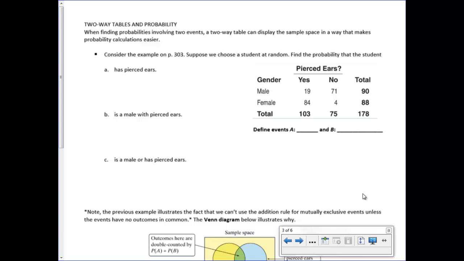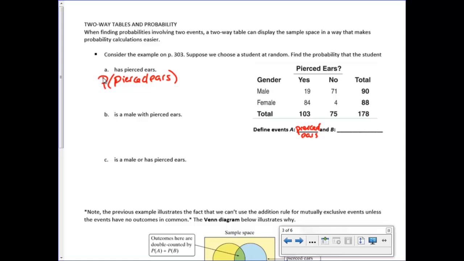Instead of writing out probability of pierced ears every single time, what we do is go off to the side and say, let's say A represents something and B represents something else. If I'm finding the probability of pierced ears, I'll let A represent pierced ears.